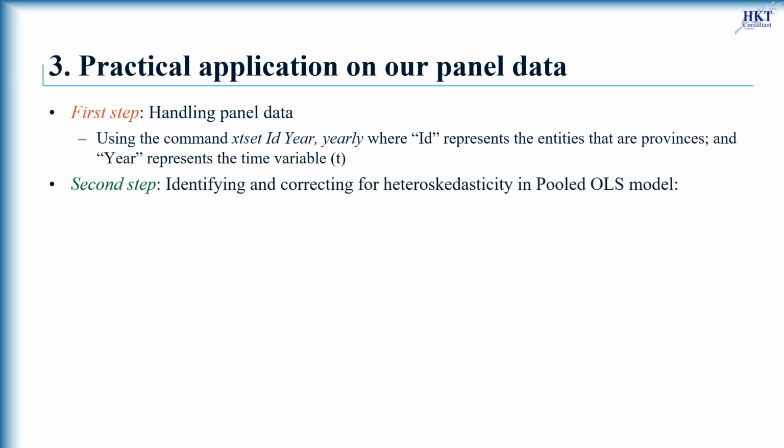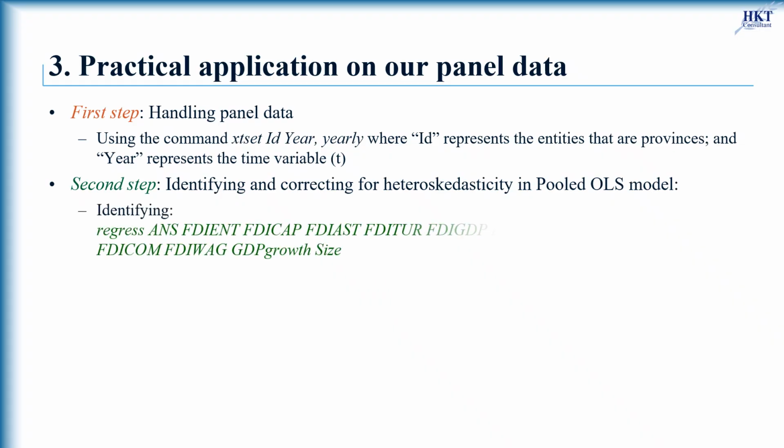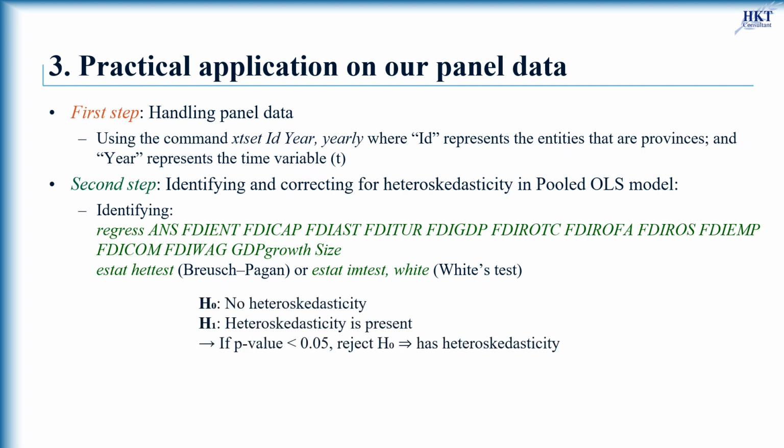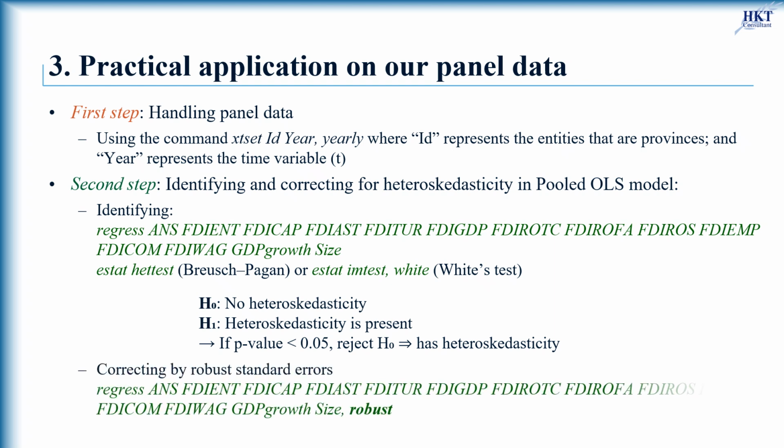As the panel data has been handled, we now run the Pooled OLS model, using the Stata command regress, with ans as the dependent variable and 11 independent variables. Then, apply Breusch Pagan test or White's test, to check for the presence of general heteroskedasticity. If the test results are statistically significant, with a p-value less than 0.05, this indicates that heteroskedasticity is present in the model. In that case, we proceed by re-estimating the model with robust standard errors, using the robust option to correct for the heteroskedasticity.